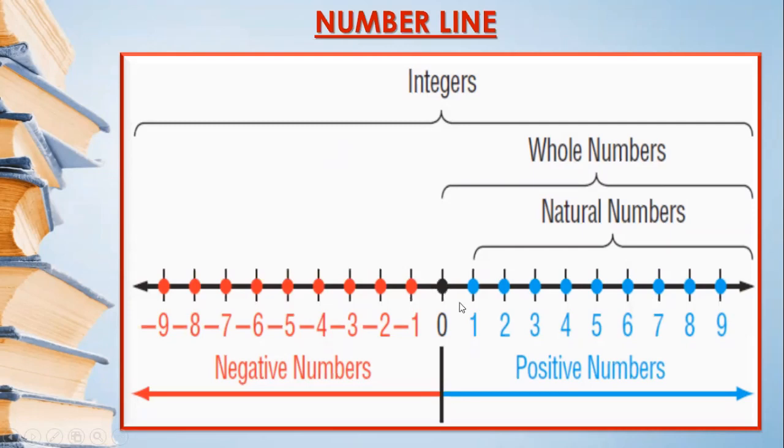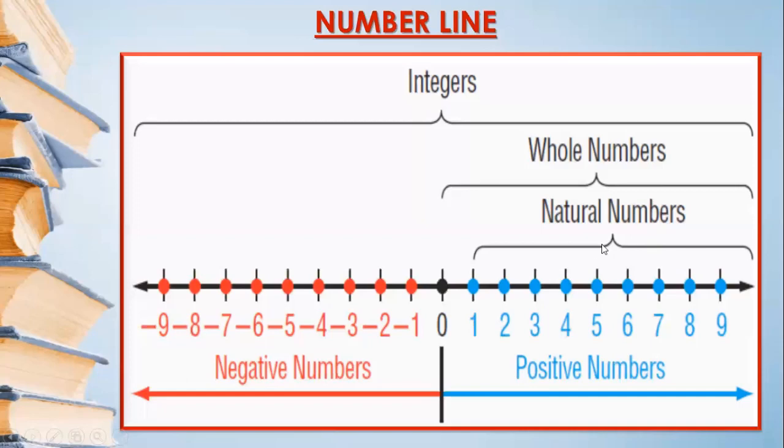All these positive numbers, negative numbers, including 0, constitute the set of integers. The numbers starting from 0 to infinity in the positive direction are whole numbers, and starting from 1 to infinity in the positive direction, we have natural numbers.